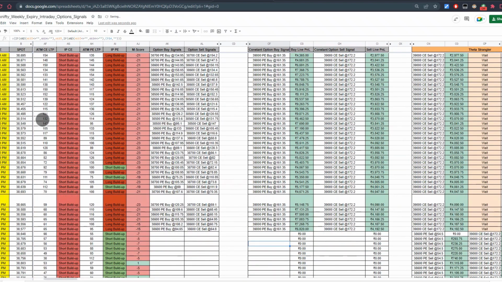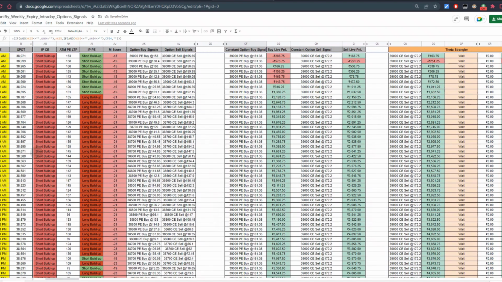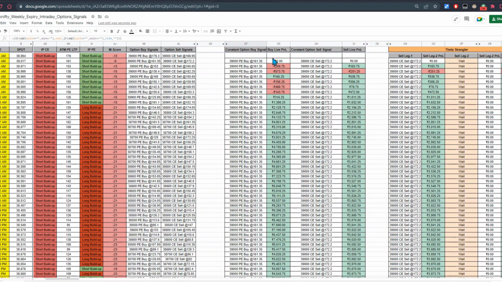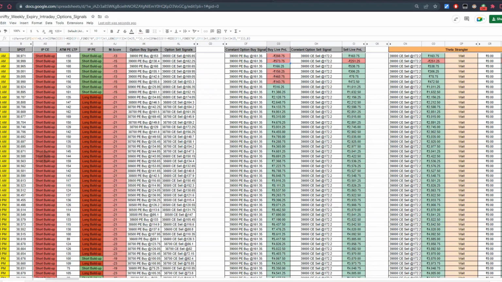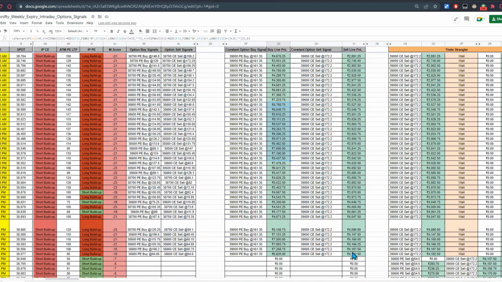So this is a representative example of today's market, where you could easily have entered any time during the day when we had a put buy signal generated, it just went to -500, and then you could have easily exited around 4-5k. Similarly on the selling side as well, at least 4K was there on the plate to be taken.